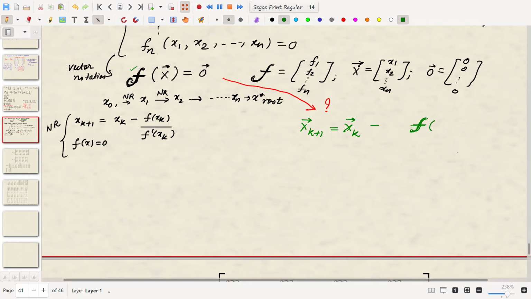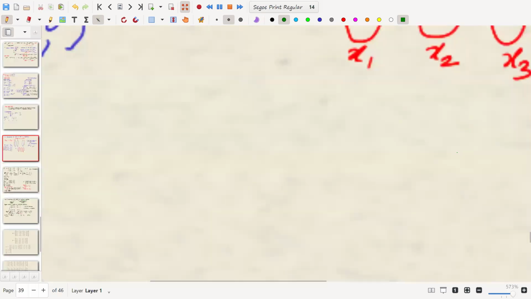And then you have just the evaluation at xk as usual. So I want you to make a correspondence between this formula and the new formula. It is quite similar, but you now have more dimensions to it. You are storing everything in a vector. That's the idea. Now I ask you, what should be?